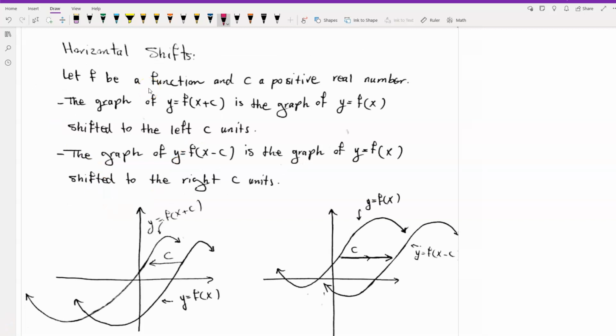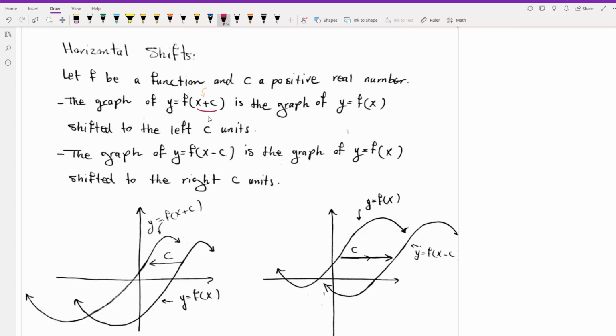Horizontal shift. Let f be a function and c a positive real number. The graph of y equal to f of x plus c, so in this case x plus c is what we have for our input, is the graph of y equal to f of x shifted to the left c units.